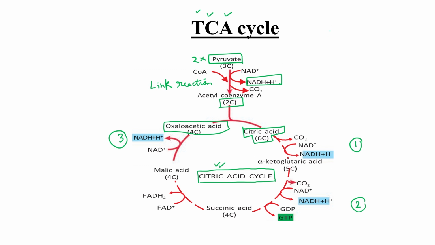This is a link reaction because this reaction connects the citric acid cycle to glycolysis. Okay. So, 1 NADH during link reaction and 3 NADH during citric acid cycle. So what is the total number of NADH generated inside the mitochondria? This is the number 4. 4 NADH. Am I right?